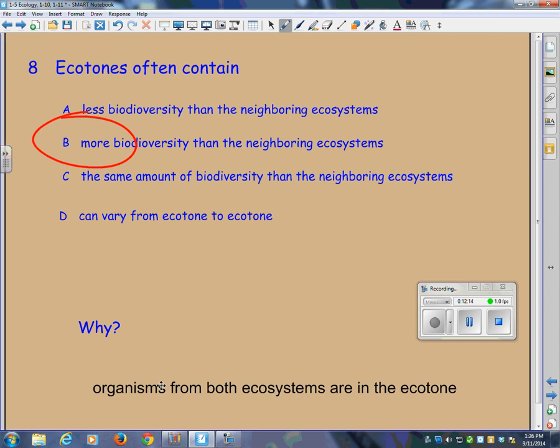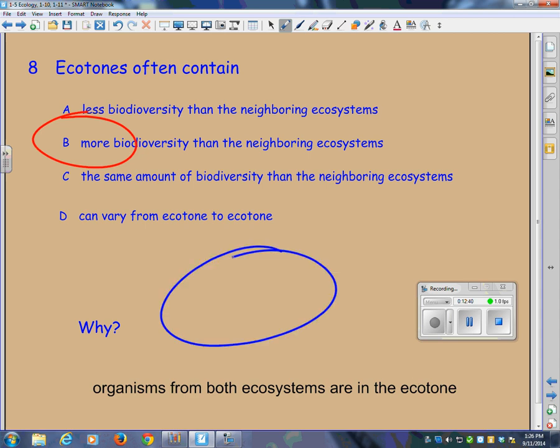It's because the deer come from ecosystem A and sort of wander close to ecosystem B. Exactly. The animals don't need a passport to go from ecosystem A to ecosystem B. They wander in and out, right? They move back and forth. There are organisms from both ecosystems in the ecotone, right?